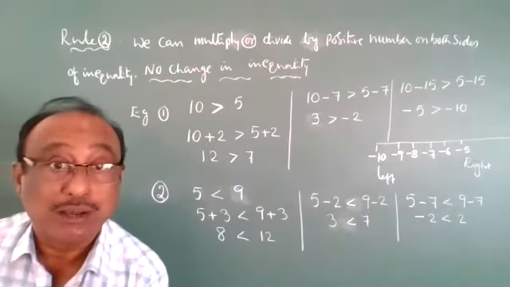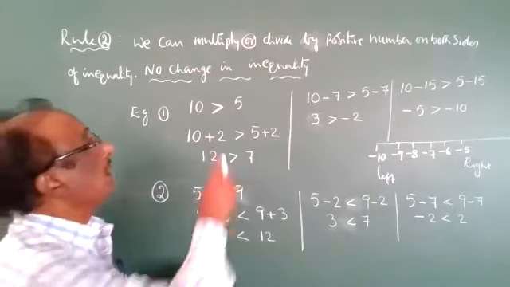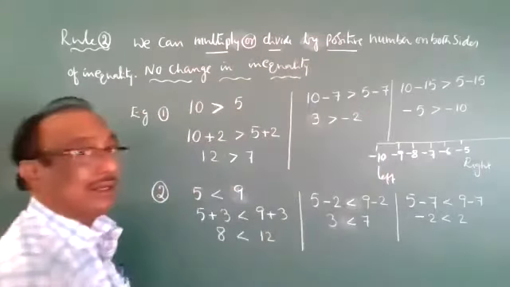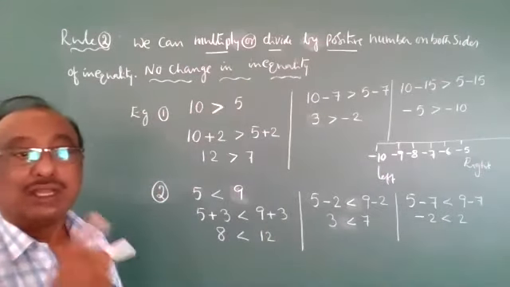So, positive number, underline, multiply, divide by positive number, no change of inequality.